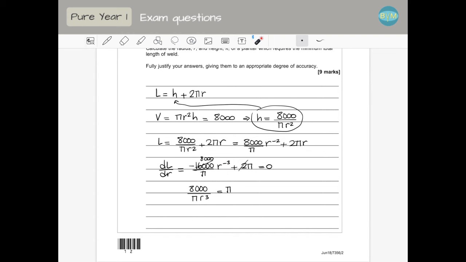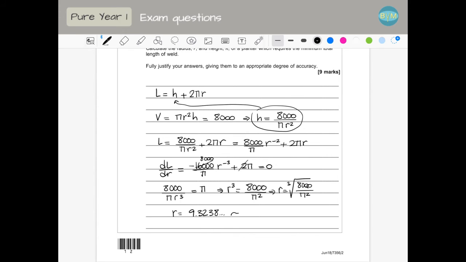I'm just reorganizing this equation, which means that r cubed is going to be 8,000 divided by pi squared, which means r is going to be the cube root of that expression. We get decimals, and they say round to an appropriate accuracy. So if you do that cube root, you get 9.3238. I'm going to round to 3 significant figures, so 9.32 centimeters to 3 significant figures.